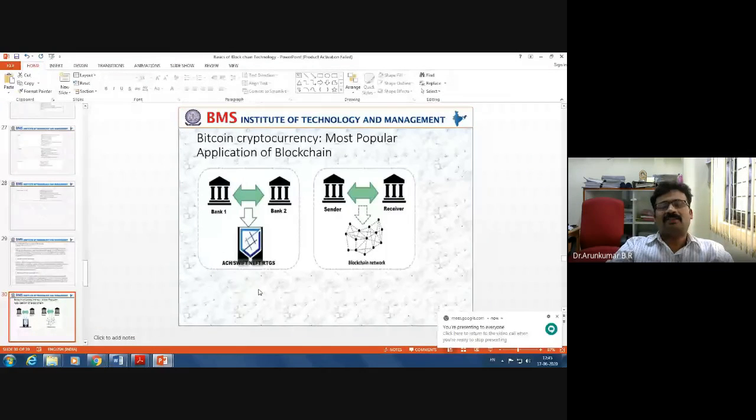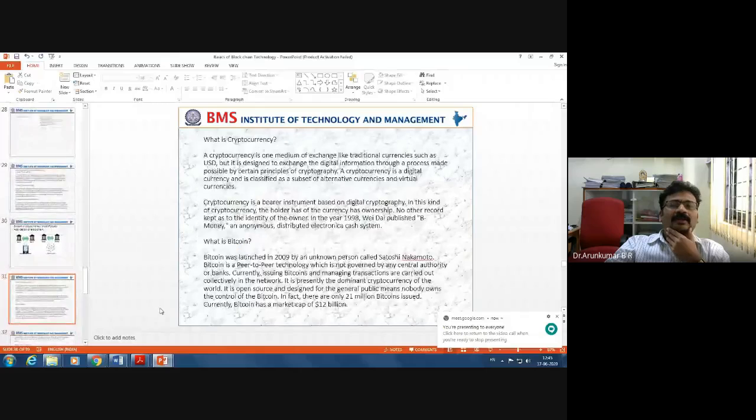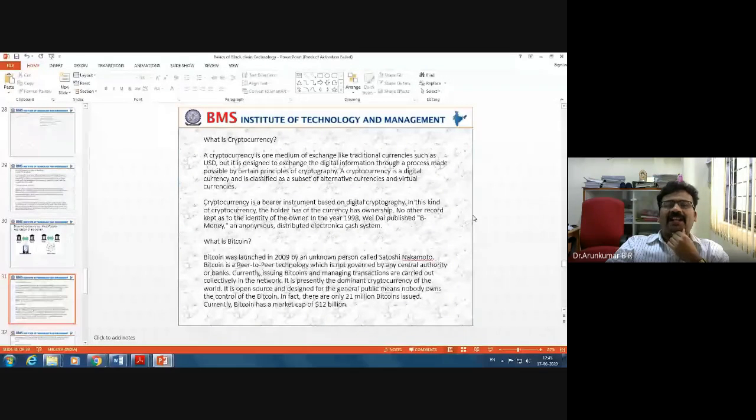So I asked you to mention one famous application of the Bitcoin blockchain, that is cryptocurrency. Most of you may know what a cryptocurrency is. Cryptocurrency is a medium of exchange like traditional currencies such as the rupee or US dollar, but it is designed to exchange digital information through a process made possible by certain principles of cryptography.